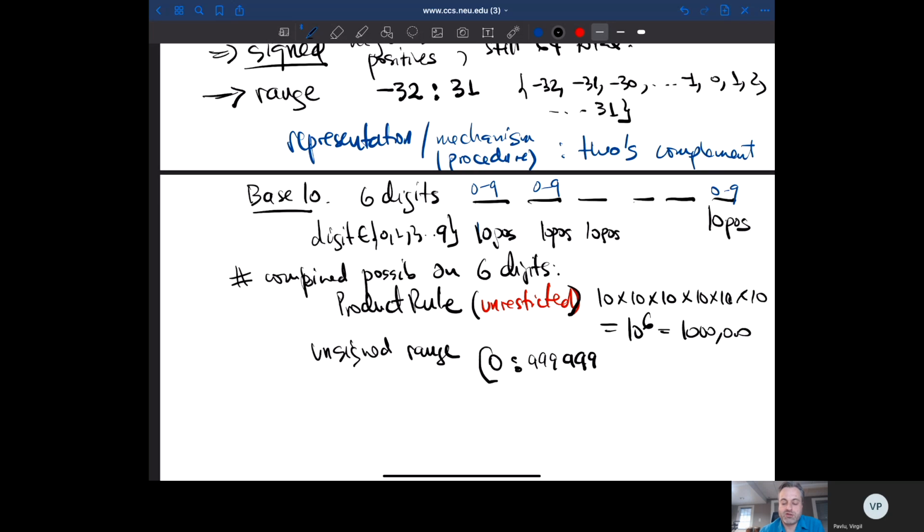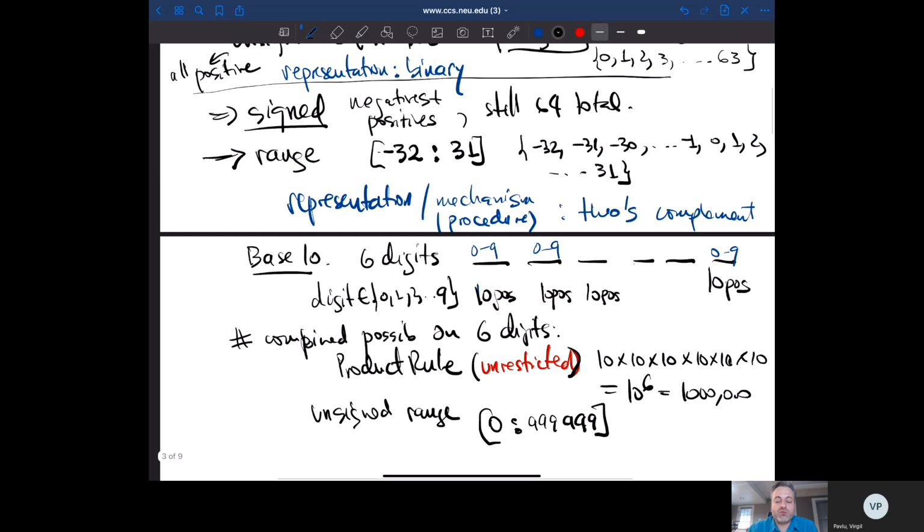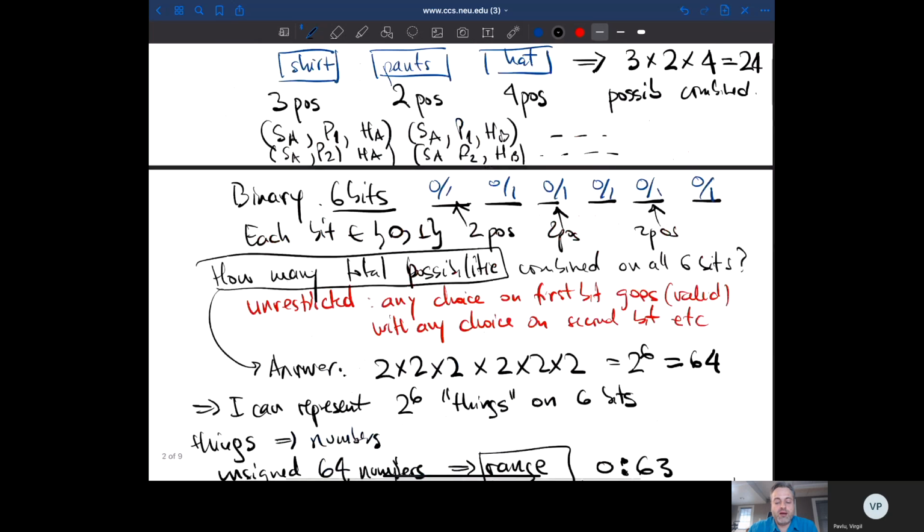Sometimes I put brackets on ranges here. Those are the numbers you can represent on 6 digits, right? Common sense tells you that if you want more than 999,999, you need more than 6 digits. You need the 7th digit to represent a million.